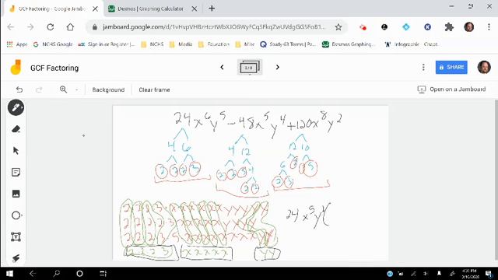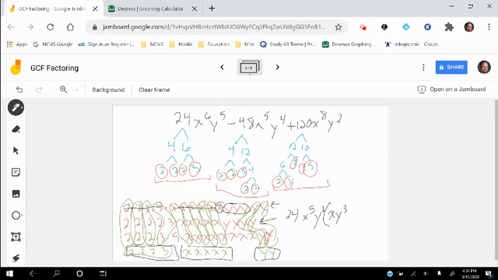So there's my GCF. Now all I have to do is look at what's left in each line. Notice all the numbers in the first line got crossed out, got used. These x's are gone, so we're left with an x and these y's. So that is x, y to the 3rd.